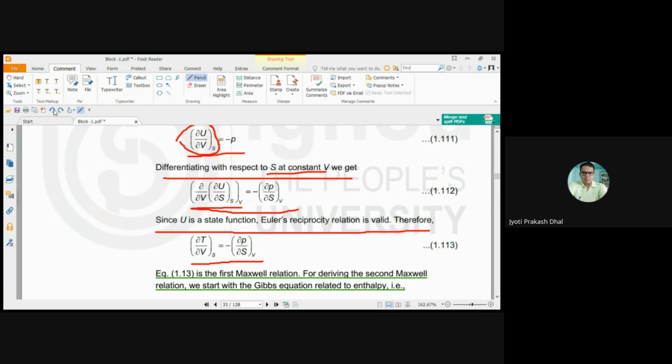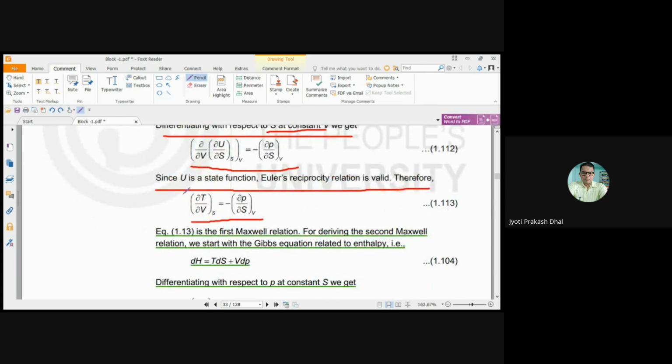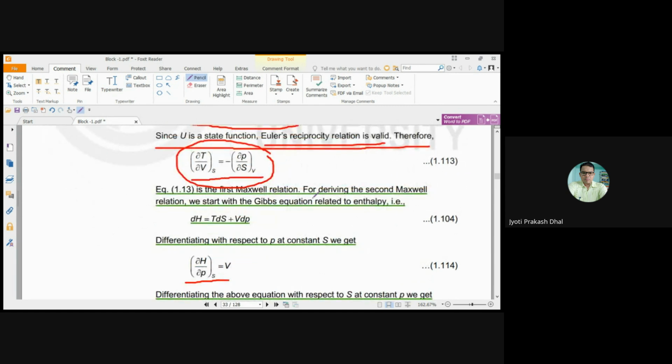And again, since internal energy U is a state function, using the Euler's relationship is valid, because we know that the Euler's relationship is valid for state functions. So using this Euler's relationship, equation 1.113 is the first Maxwell's relationship.